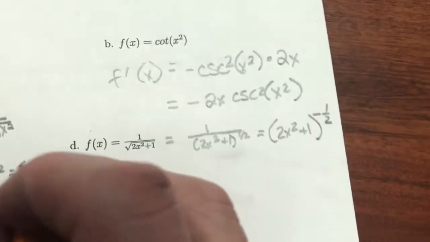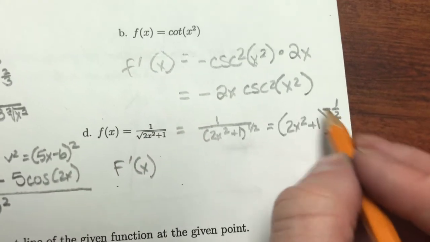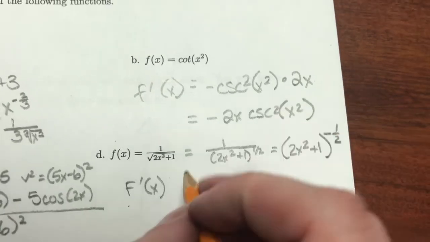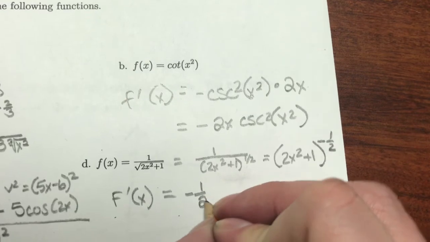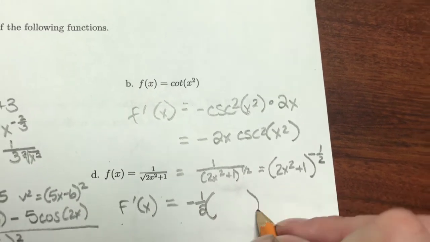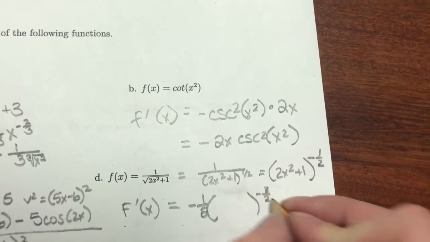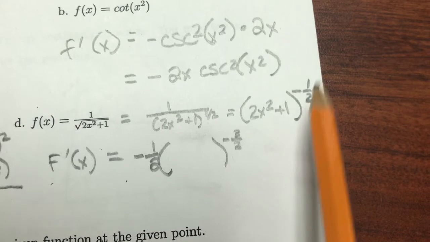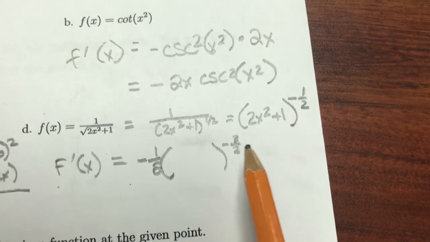So remember the way chain rule works. Take the derivative of the outside. The outside is to the -1/2. So the derivative of the outside is -1/2. That drops down to -3/2. And if you're wondering where I got that from, the -3/2 is when I take away 1 from -1/2. So -1/2 minus 1 is -3/2.